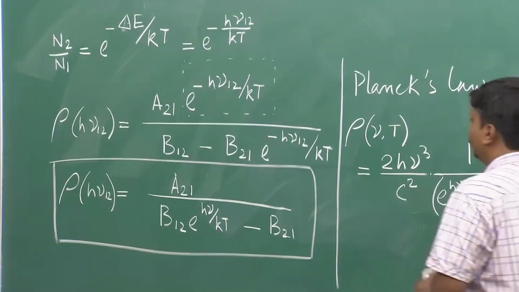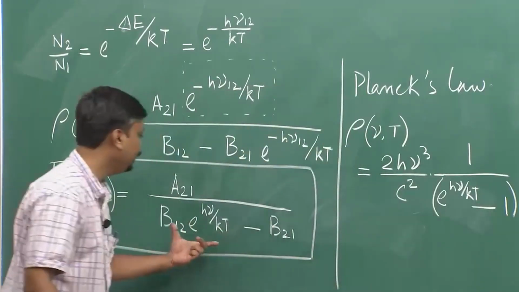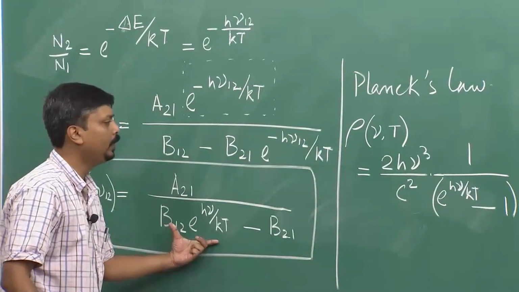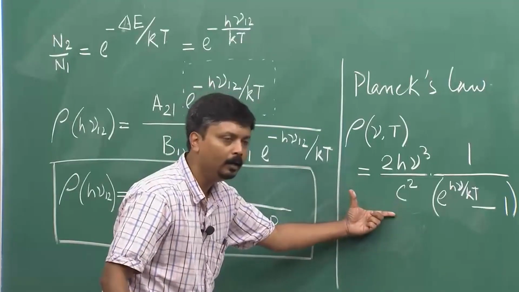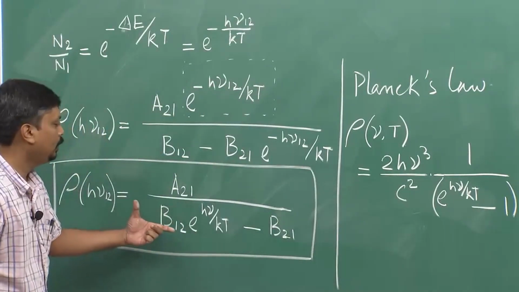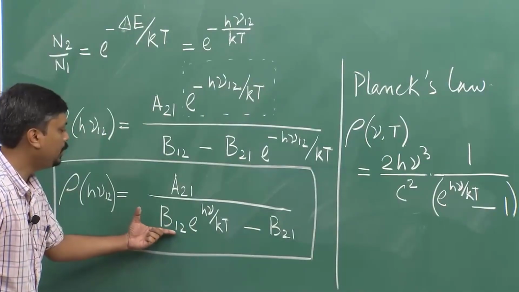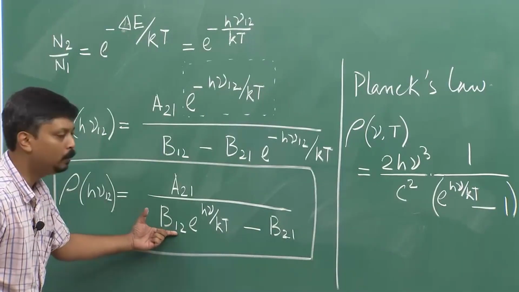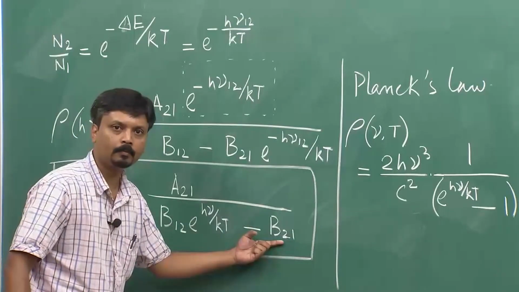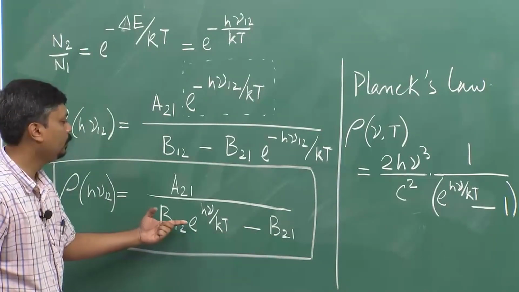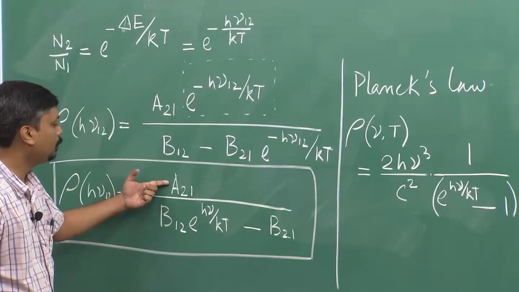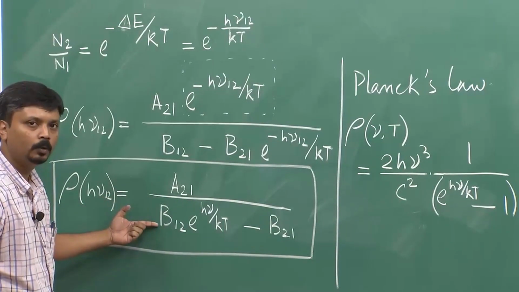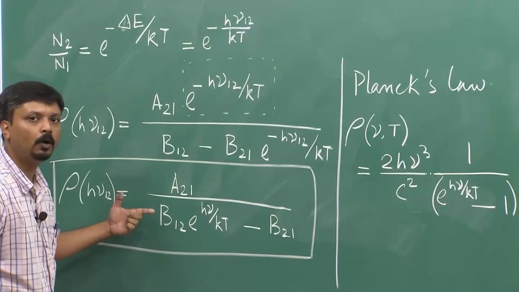All right. So, as I was saying, this will boil down to this expression if B 1 2 becomes equal to B 2 1, and if A 2 1 by B 1 2 or B 2 1 is a constant.